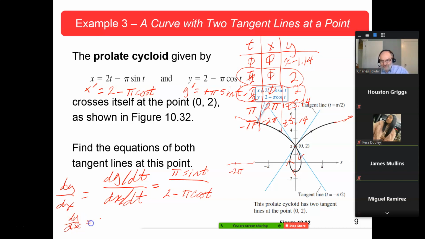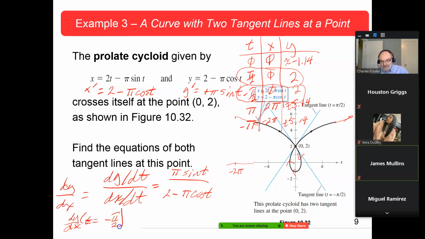Dy/dx here is going to be, and this is at t equal, which do you want to do first, minus pi halves or pi halves? I don't really care. Anybody? Let's do minus pi halves.